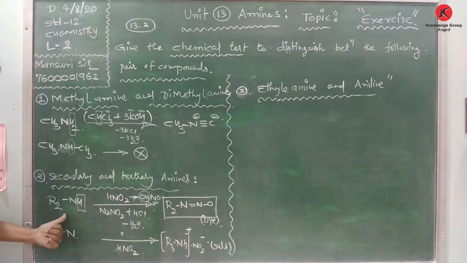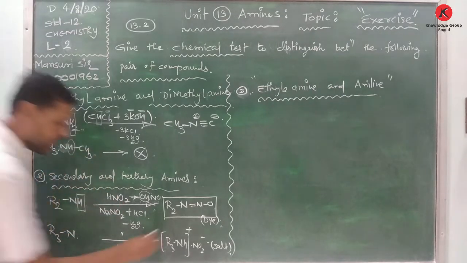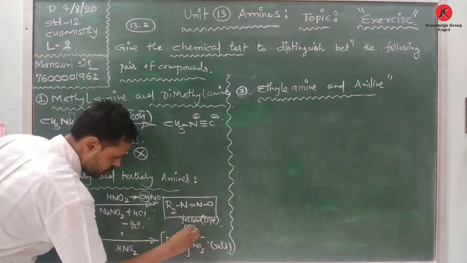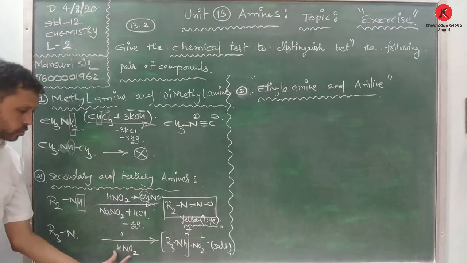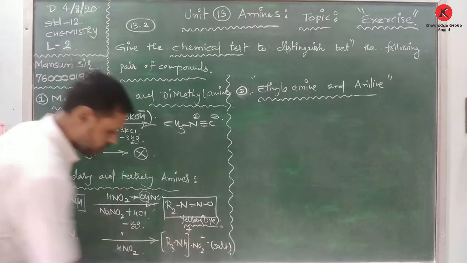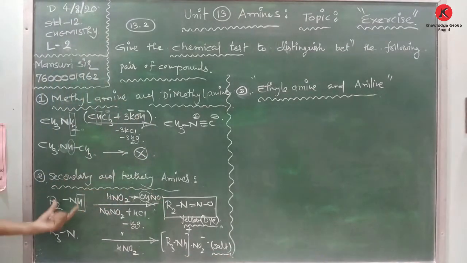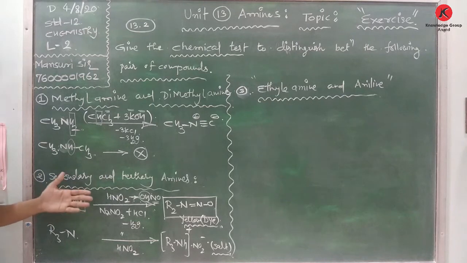So secondary amine reacts with nitrous acid and forms a yellow dye, but tertiary amine reacts with HNO2 and forms a salt. So you can distinguish these two compounds by HNO2. This reaction is known as the Liebermann nitrosamine test, in other words, the Liebermann test.